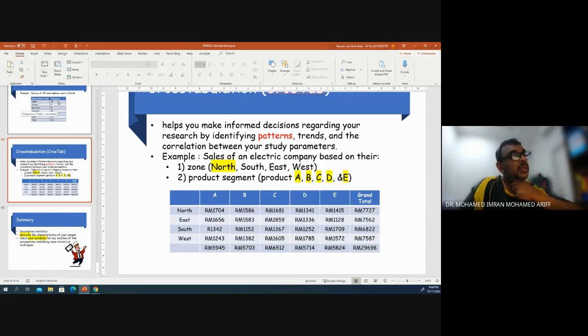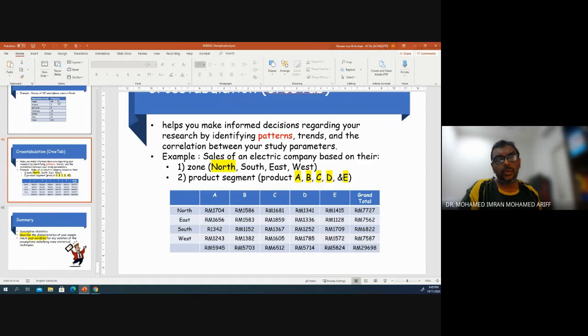So since dua-dua ni daripada categorical, maka we cannot use the same test as macam kita buat untuk numerical. So kita kena buat test lain. So test lain tu nama dia Z test untuk determine dia punya outcome, hasil dia sama tetapi cara test itu berbeza.